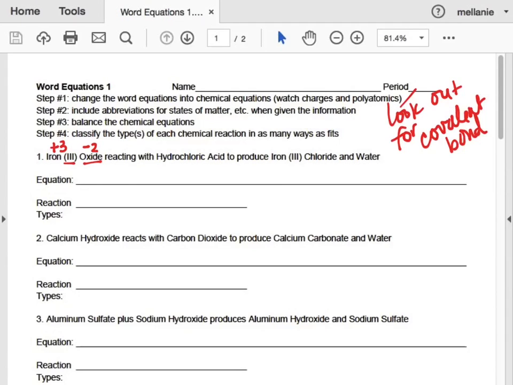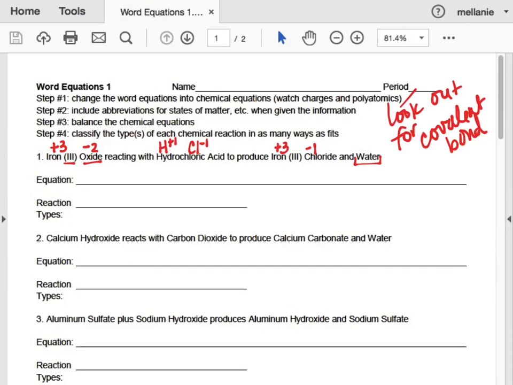Reacts with hydrochloric acid, what's the charge on hydrogen? +1. What's the charge on chlorine? -1. Produces iron 3, so we just established it's a 3, and chlorine is a -1. And then water. Water is a covalent compound, so I don't care about the charges, and we should know its formula by now.